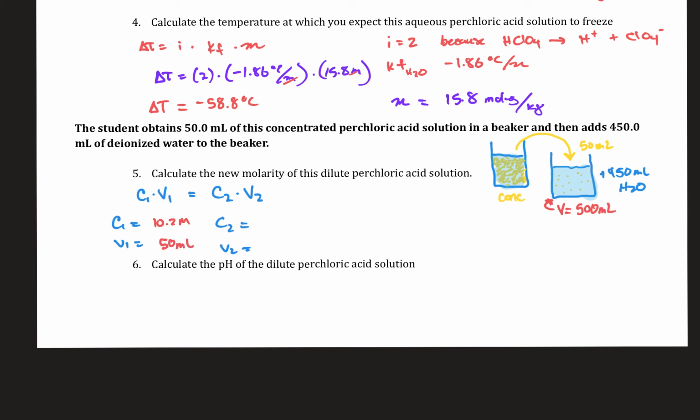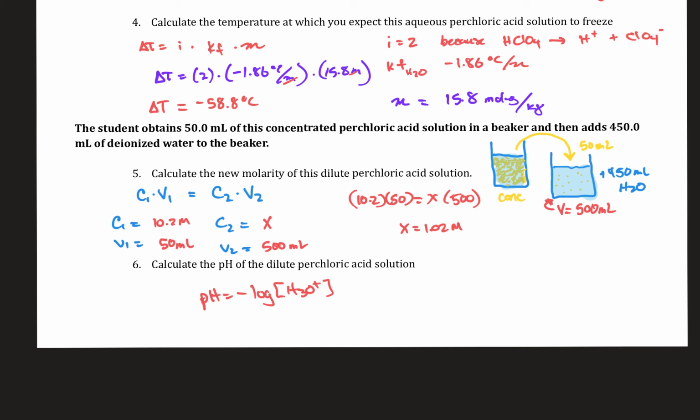We want to know what our final concentration is, that's C2, and we know that the final volume of the entire solution is 500 milliliters because it's the 50 milliliters of concentrated solution plus the 450 milliliters of water that we added to the beaker. We set up our equation, we solve for x, and we find that x is 1.02 molar.